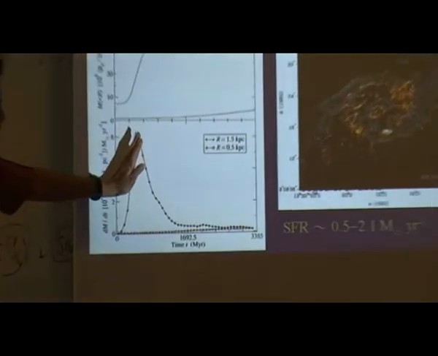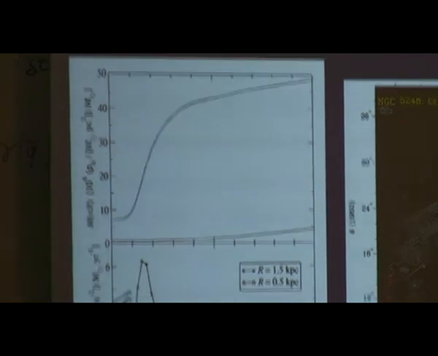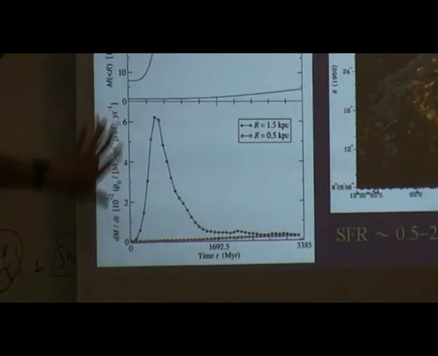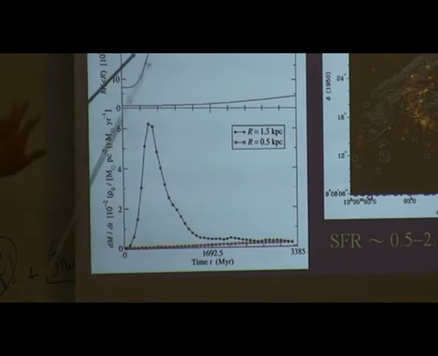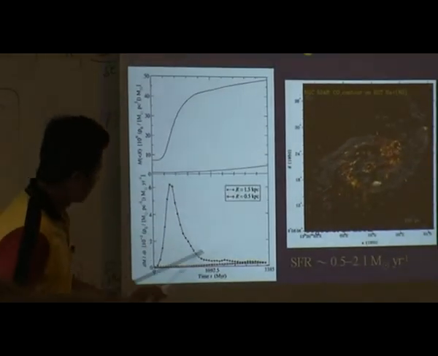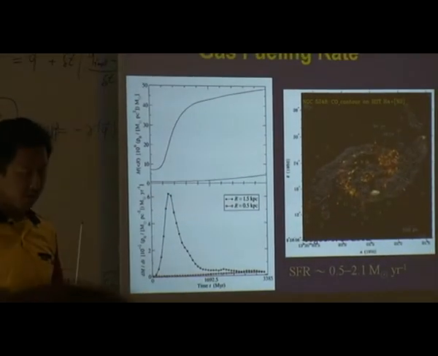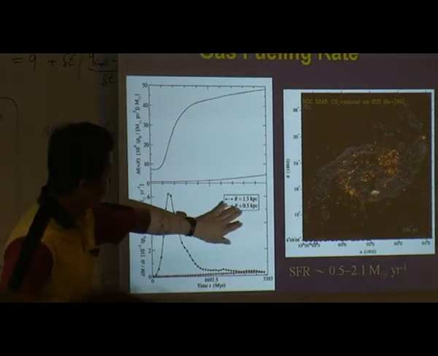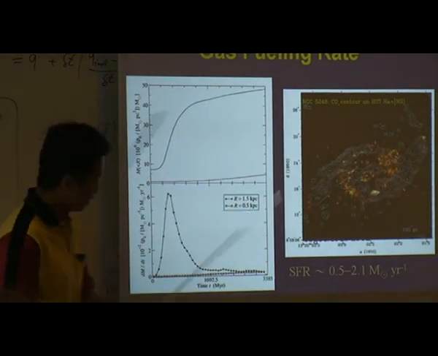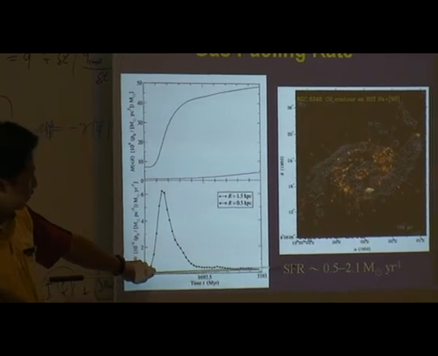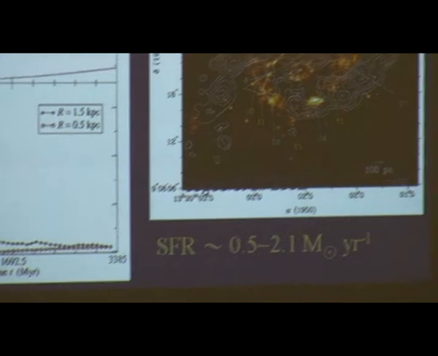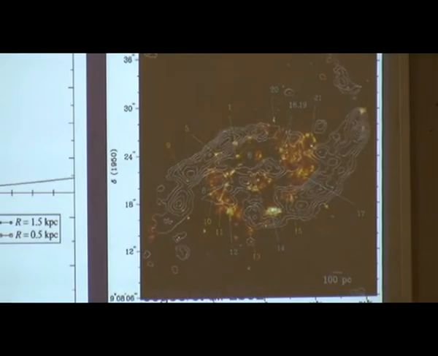Here is the enclosed mass within 1.5 kiloparsec radius, and this is the fueling rate. A lot of mass is driven in a very short time from outside 1.5 kiloparsec into the 1.5 kiloparsec. But if you go into 0.15 kiloparsecs, it's not burst behavior, but a very small fueling rate, slowly diffusing at the very center.